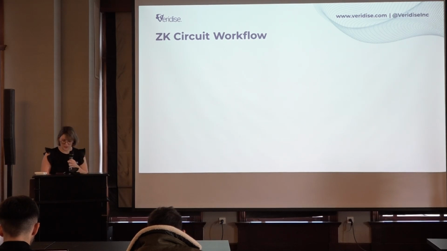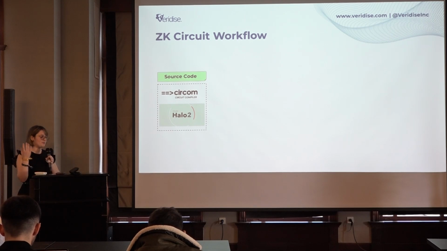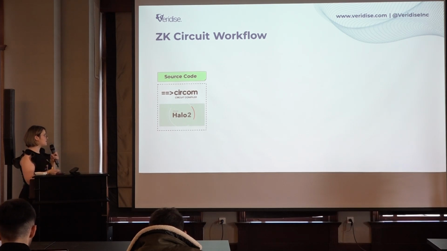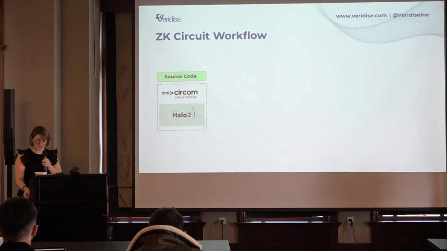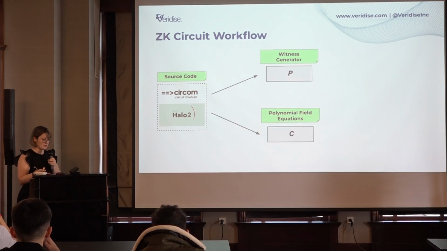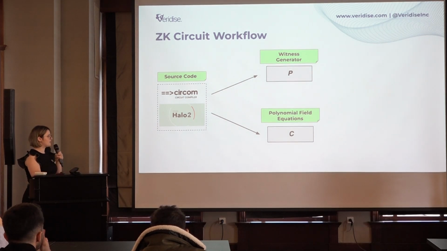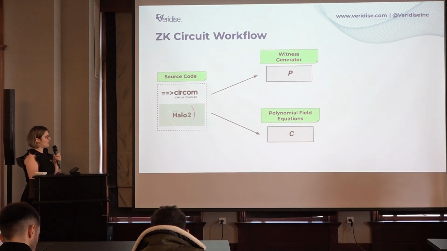I'll start by giving a brief overview of a ZK circuit workflow. We begin with the source code, which can be encoded in different domain-specific languages, such as Circom or Halo2. This source code is transformed into two entities: a witness generator, called P, and the polynomial field equations or constraints over a very big prime number.